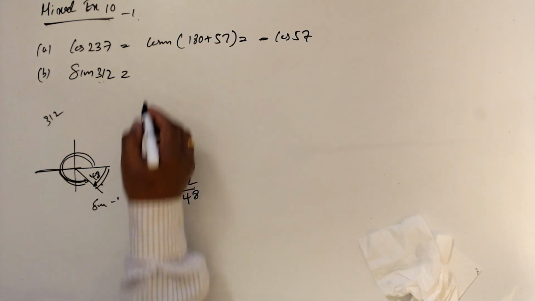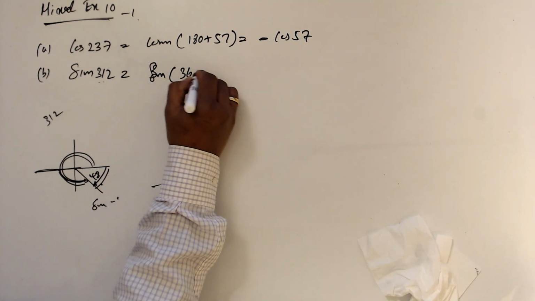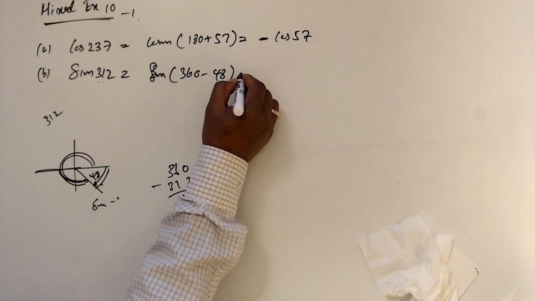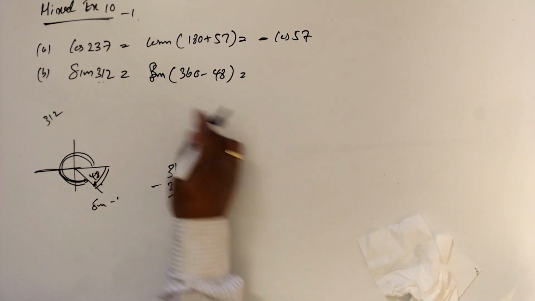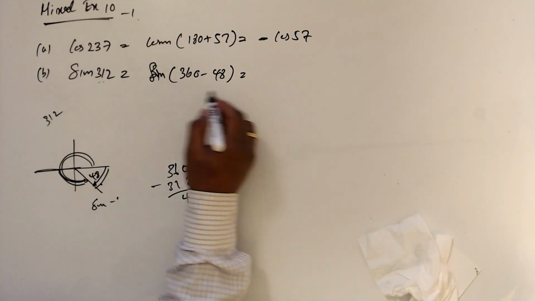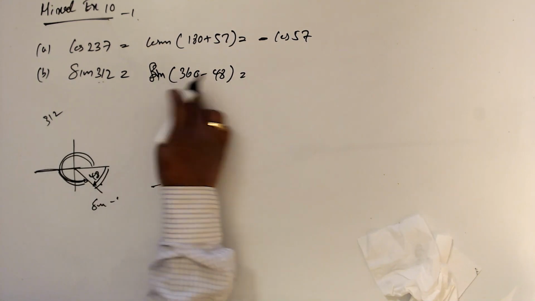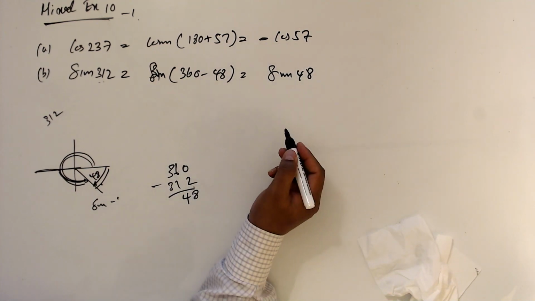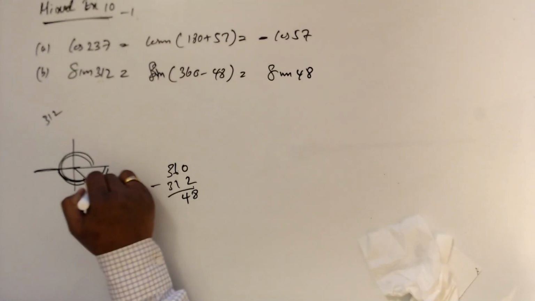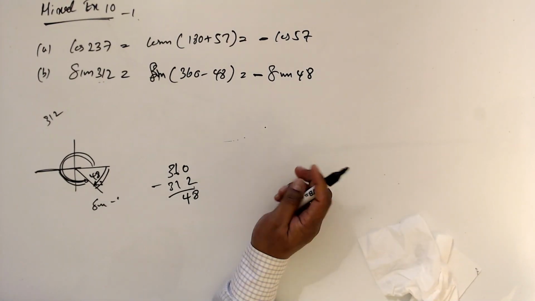So you can write sine 360 minus 48. So if we write 180 with 360, we can simply drop this one and I can write sine 48. But sine is negative in this quadrant, so it is going to be a negative answer.